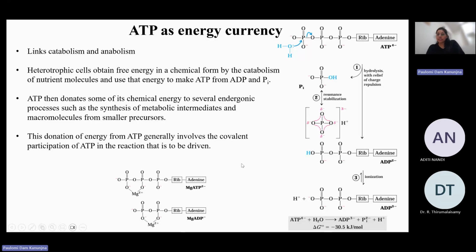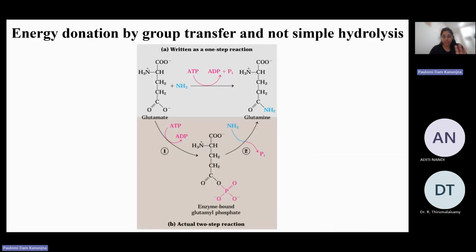But what actually happens is that the ATP is bound, covalently or non-covalently, to the reactant while it is driving the energy. This is what we mean for understanding purposes. So the first half, the A section, is what you will generally see written. Let's say glutamate is to be converted to glutamine.